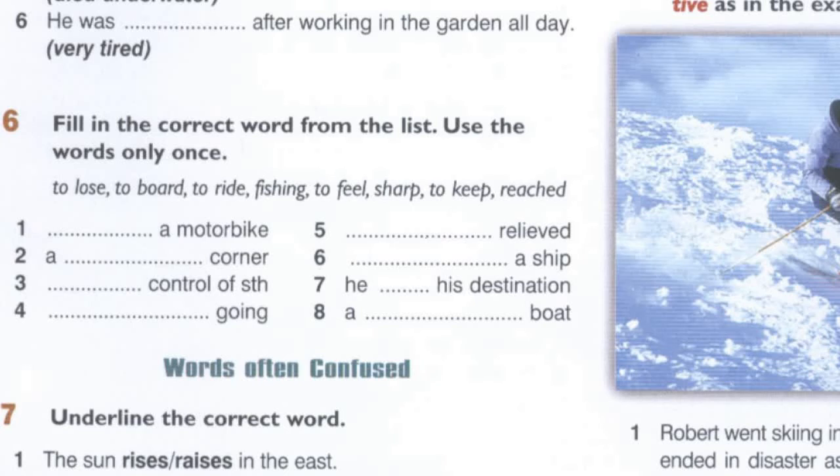You have a number of expressions that needed to be completed from number 1 to number 8, and the list includes to lose, to board, to ride, fishing, to feel, sharp, to keep, and the last one reached. Okay, take about 10 seconds and try to get ready and work on this exercise.